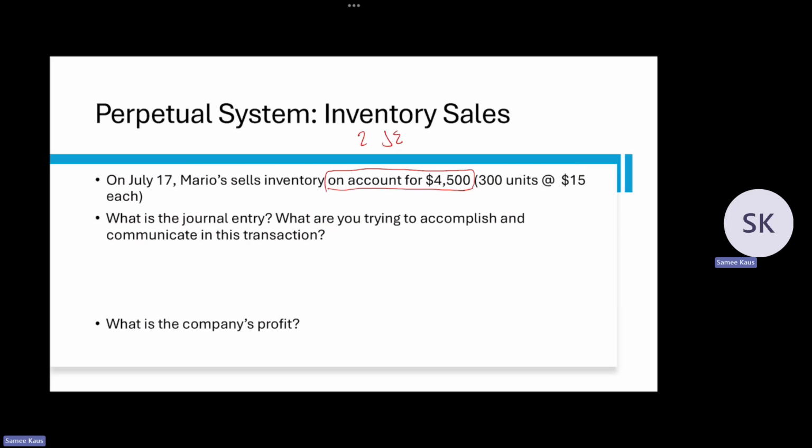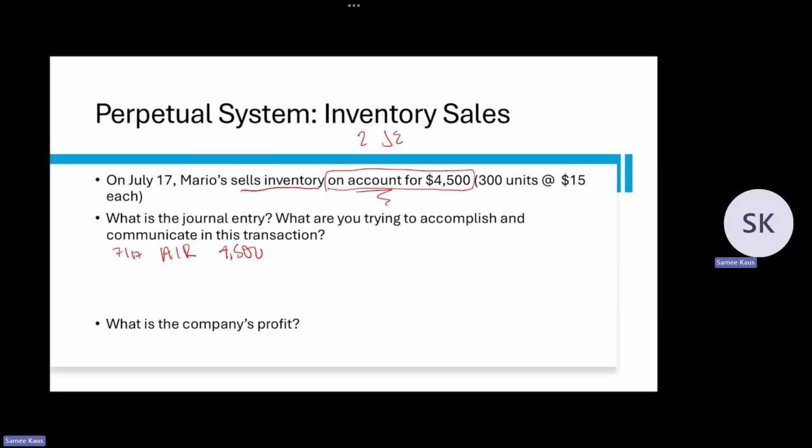Did a customer give me cash? No, they gave me a promise to pay me cash in the future. I have an unconditional right to receive this in the future because I did what I needed to do. I gave you a product. So I get to recognize accounts receivable, and this is on 7/17 for $4,500.